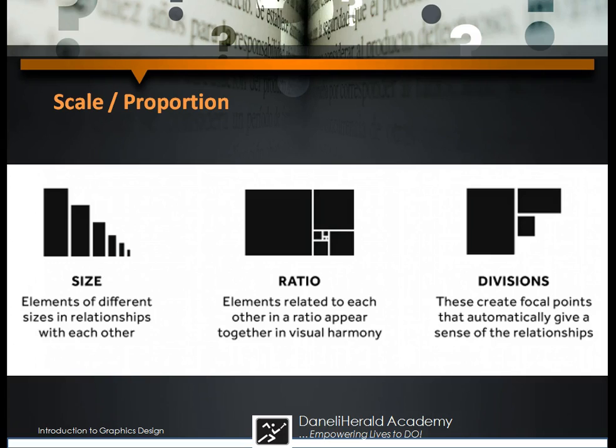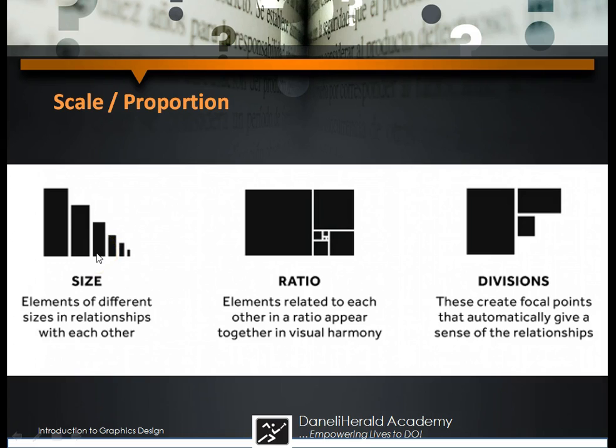The next basic principle is scale and proportion, and this is really interesting. There are three main units under this basic principle. The first one is the size. Look at this, it looks like a histogram. If you've worked with a histogram before, you'll see that it's arranged, or like a bar chart.